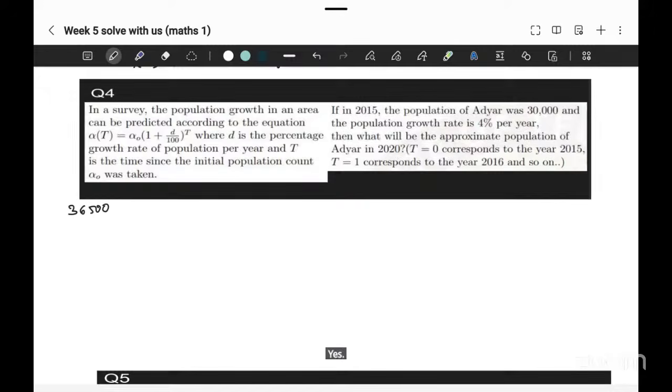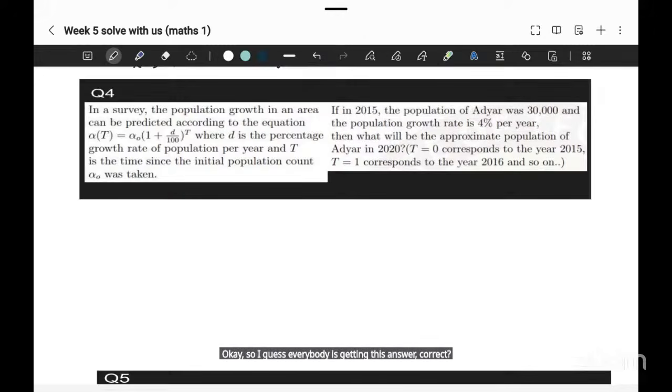Thirty-six thousand 480, like approximately 36,500 only, I guess. Okay. $36,500. Okay, so I guess everybody is getting this answer, correct?